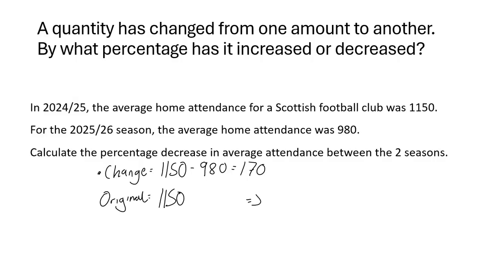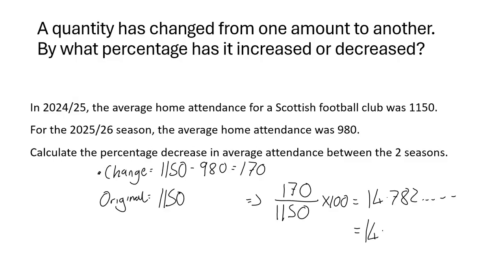What that then means is my percentage change is going to be given by 170 divided by 1150, multiplied by 100. When I do that, I get 14.782 and then a whole spiel of stuff after that. And if we round it to 1 decimal place, I get 14.8%.